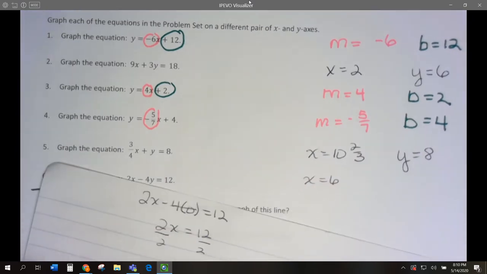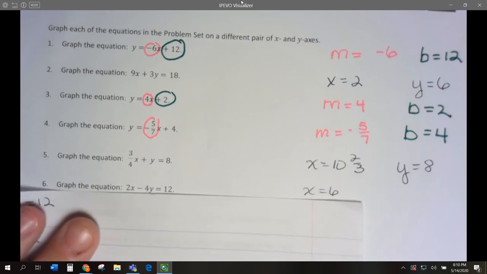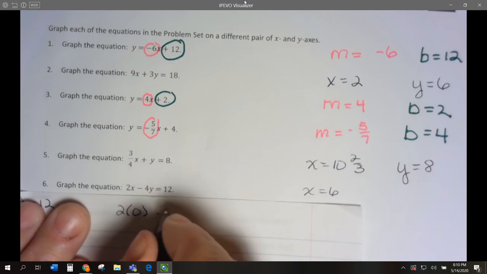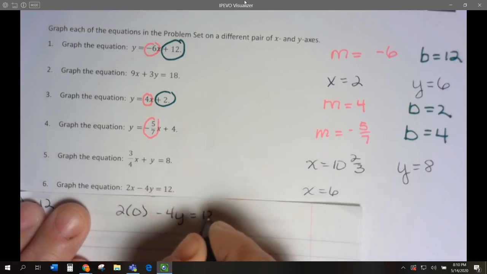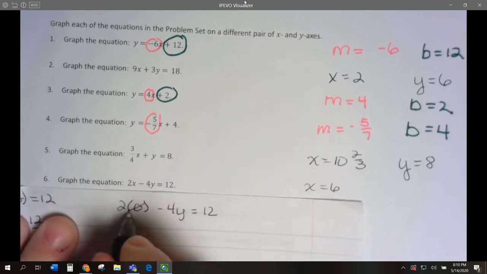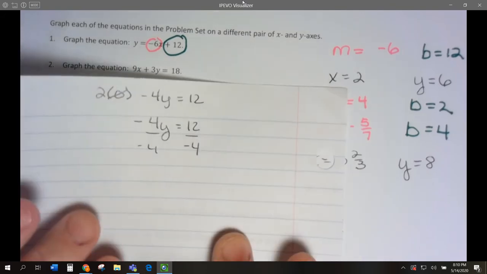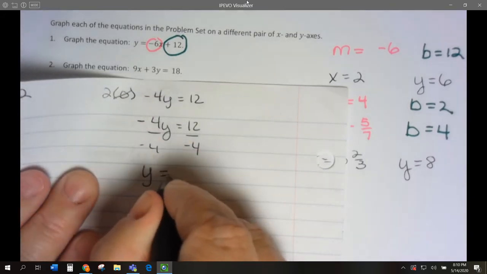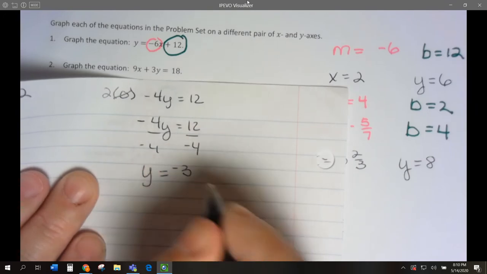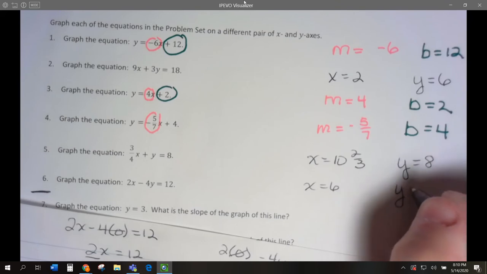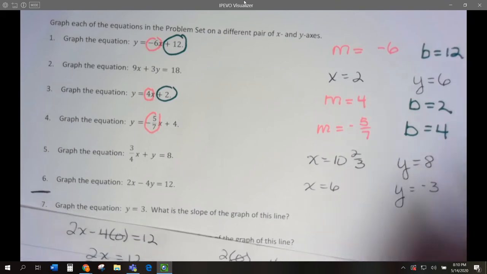And to get our y-intercept, we make x 0. So we have 2 times 0 minus 4y equals 12. This is going to be 0, so we have negative 4y equals 12. Divide by the negative 4, and we're going to have y equals 12 divided by negative 4, which is negative 3. So here our y-intercept is negative 3.